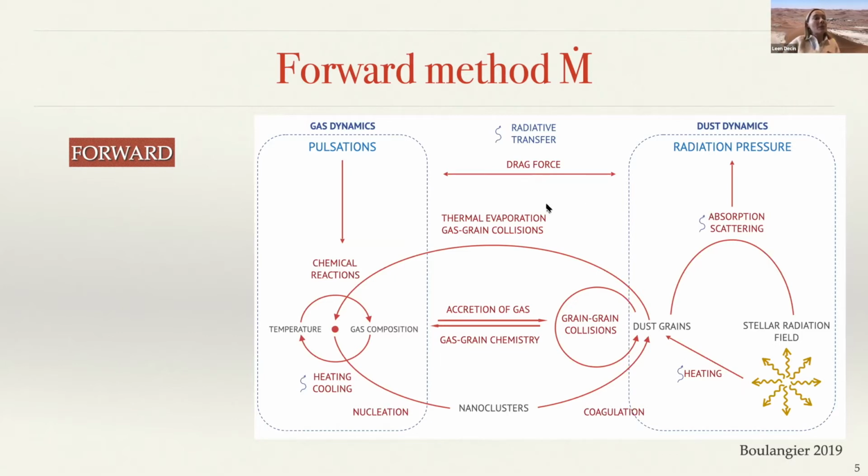You can see from the arrows between each of these processes that these are often non-linear equations that you try to solve, which is not always easy to do on a computer.